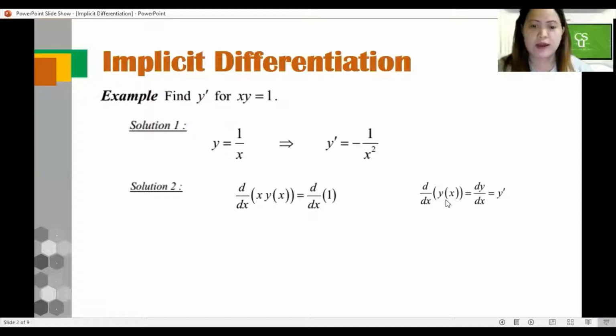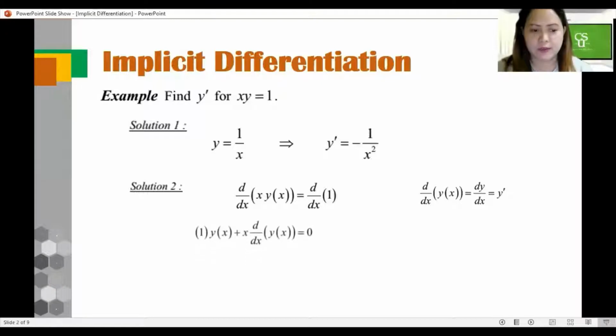The derivative of y of x with respect to x is simply the derivative of y with respect to x, or y prime. If we take the derivative of the product of x and y of x, we then apply the product rule.